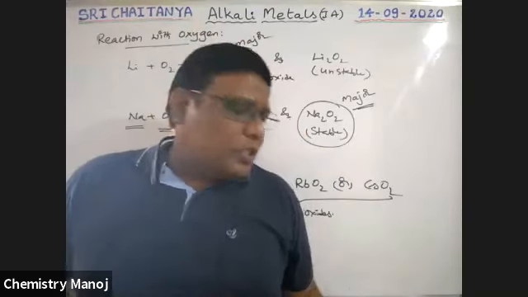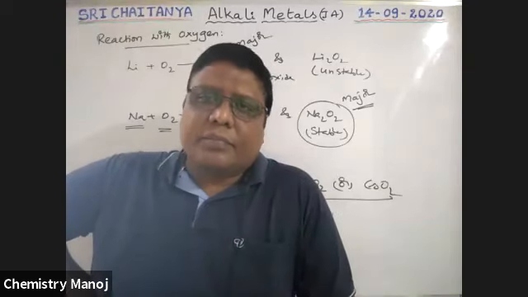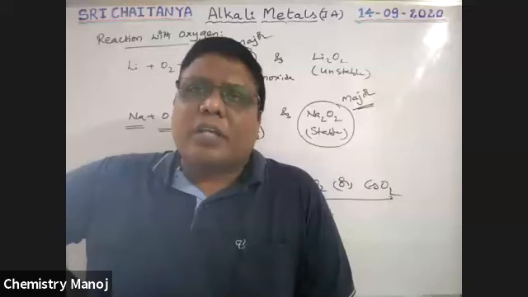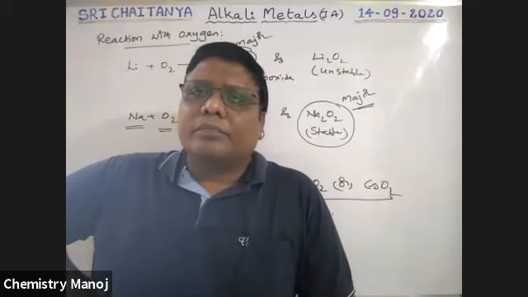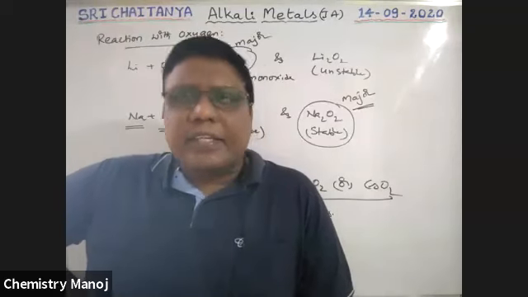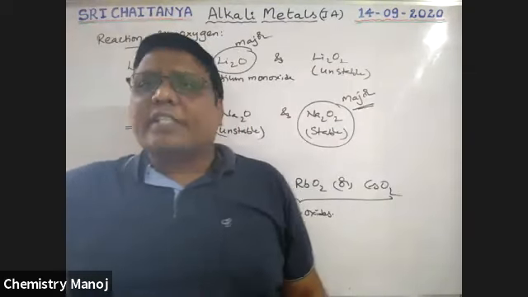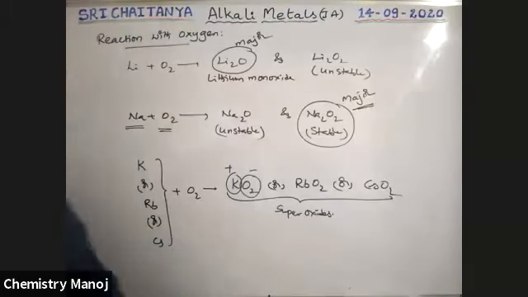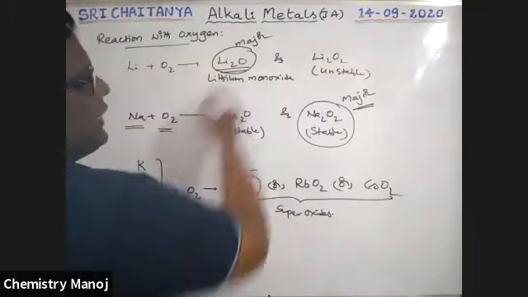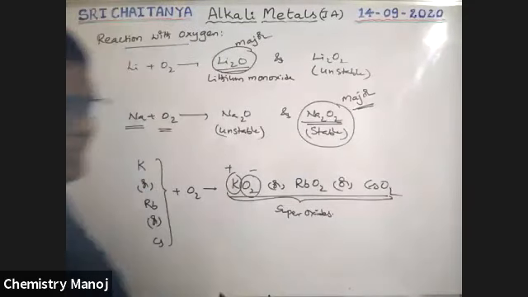As electropositivity increases, the formation of superoxides from top to bottom increases and the formation of oxides decreases. Finally, we concluded that lithium forms monoxides, sodium forms peroxides, and the others form superoxides.